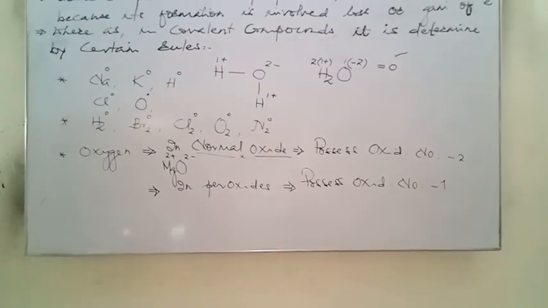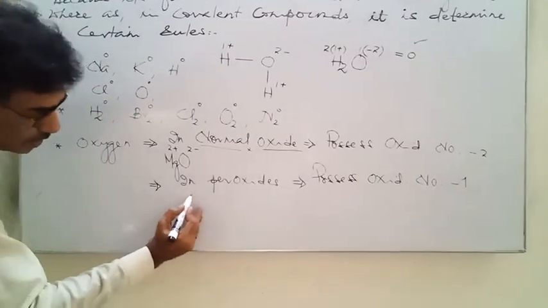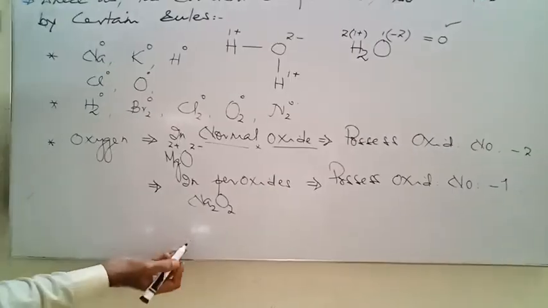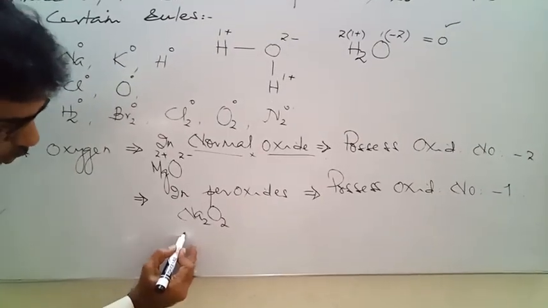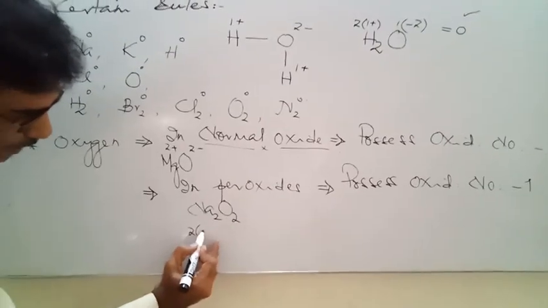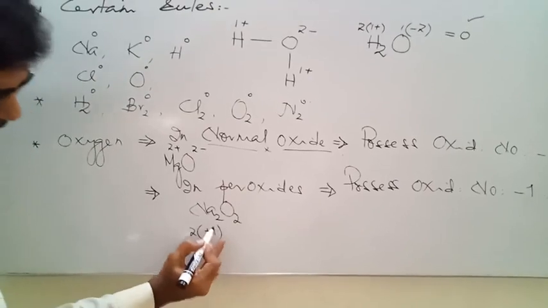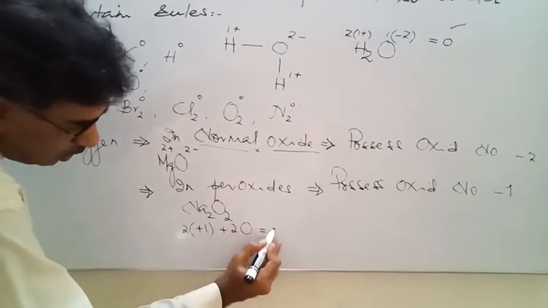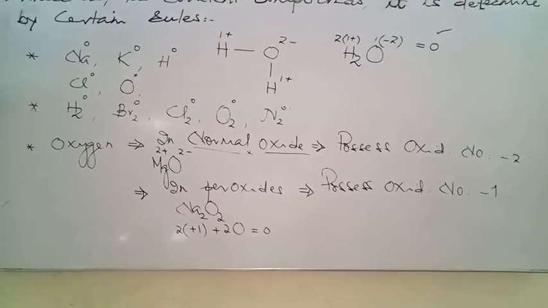So we have peroxides like sodium peroxide, where we have 2 sodium atoms, each one possessing an oxidation number of +1. We have 2 oxygens, and the whole compound is neutral.